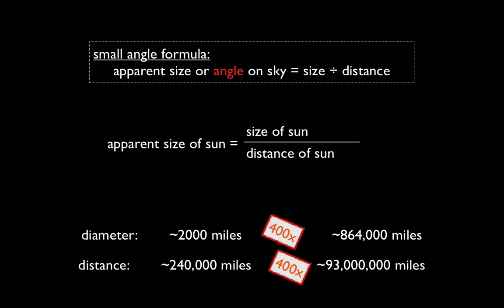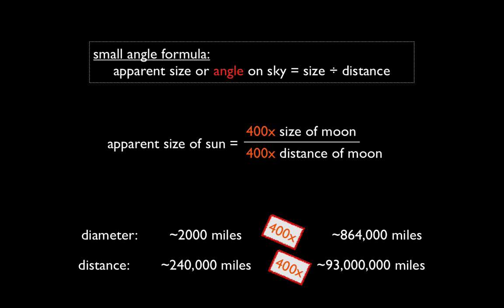So if we apply the small angle formula, we see that the apparent size of the sun is going to be the size of the sun divided by the distance of the sun. Now we just said that the size of the sun is about 400 times the size of the moon, and that the distance of the sun is about 400 times the distance of the moon.